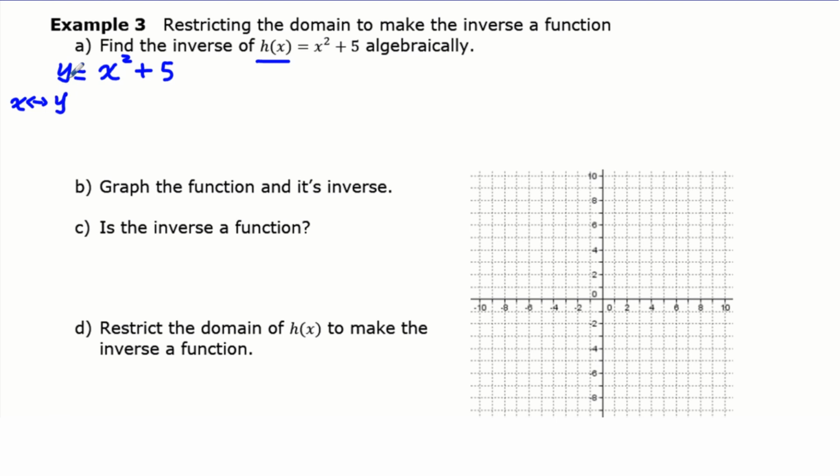So y becomes x and x becomes y. Then we solve for y. We move the 5 to the other side; the opposite operation is subtraction. Then to solve for y, we take the square root. When we take the square root of something, make sure you have negative and positive in front.